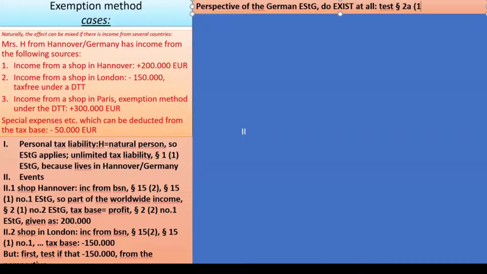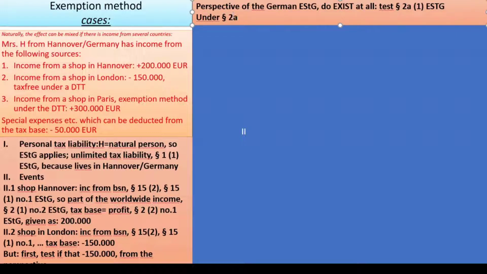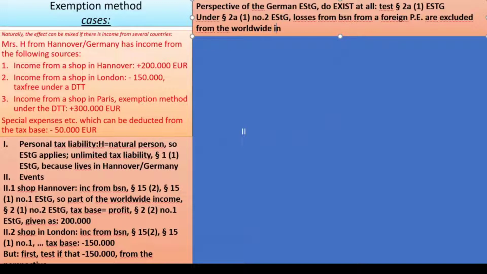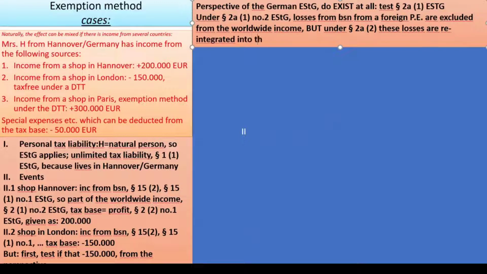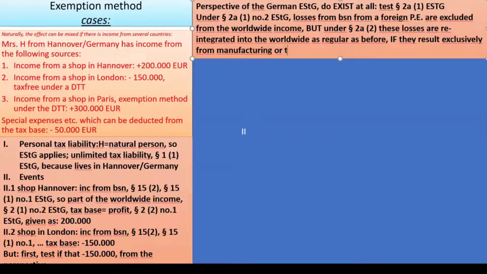Test paragraph 2a 1 ESTG. Under paragraph 2a 1 number 1 ESTG, losses from business from a foreign permanent establishment are excluded from the worldwide income, but under paragraph 2a 2, these losses are reintegrated into the worldwide income as before if they result exclusively from manufacturing or trading goods, in case of a shop.